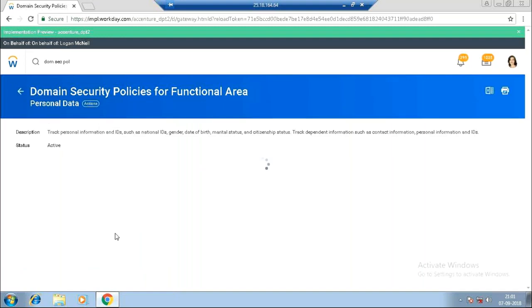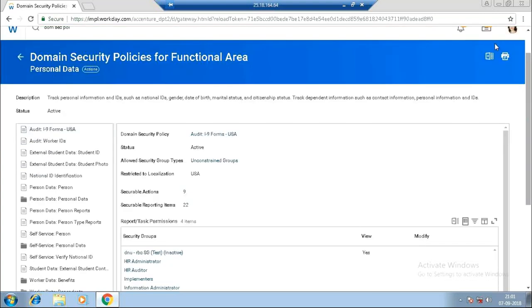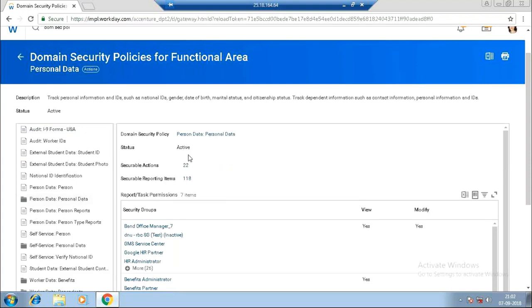So now let's take an example: this domain security policy controls the data restriction. If you see here, any person's personal data, and the items which you can see, I'll open it up.